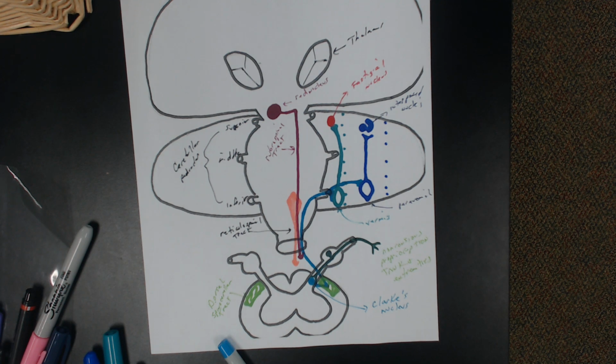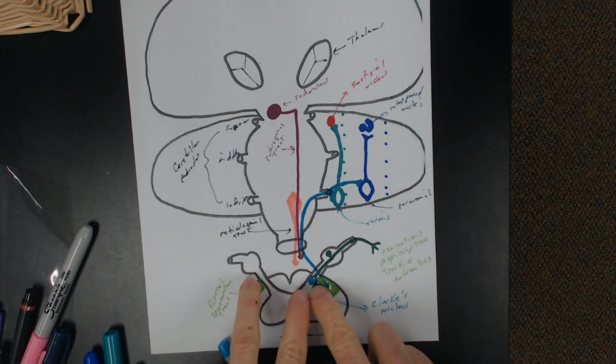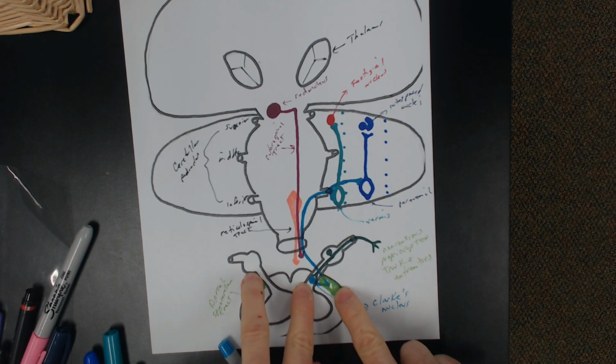Ben? That axon from Clarke's nucleus, does it split anything off separately, or does it just pass through? I'm probably oversimplifying it. Information coming out of Clarke's nucleus is just traveling up the tract.